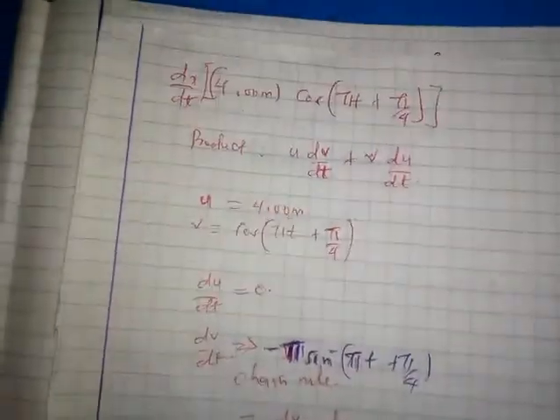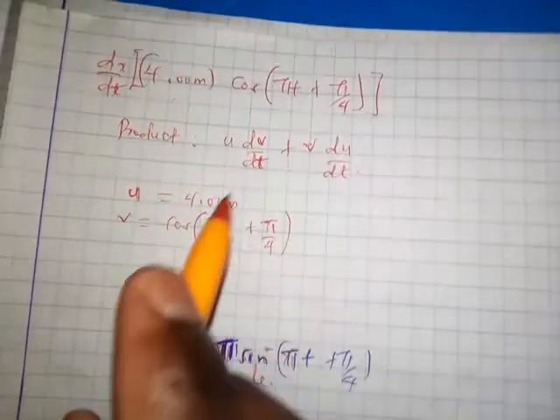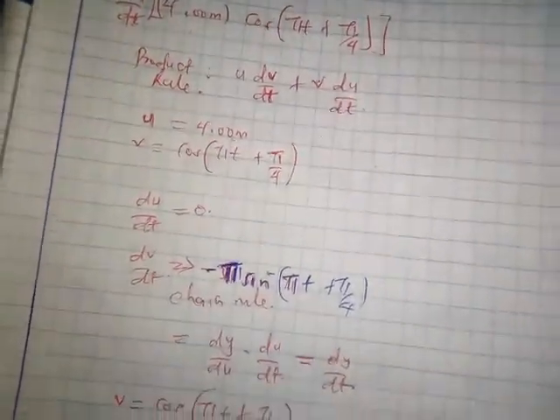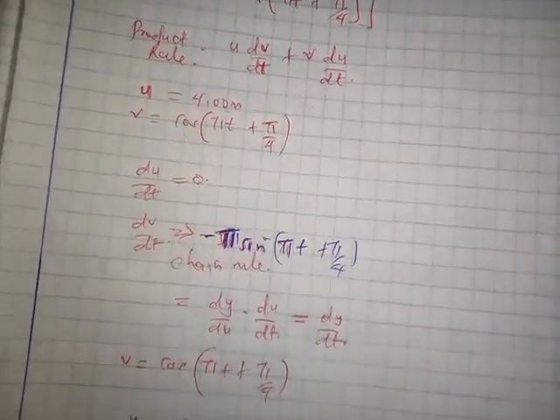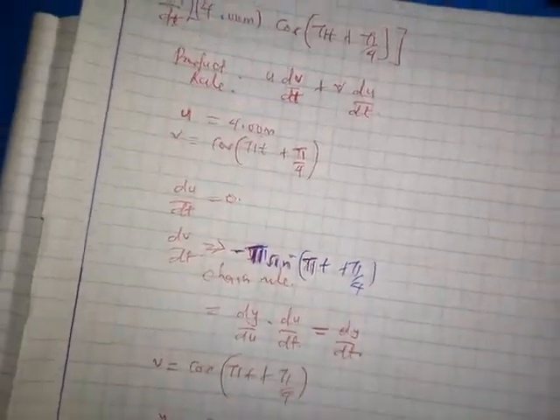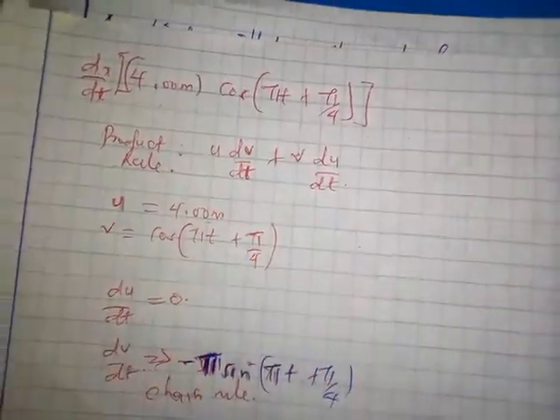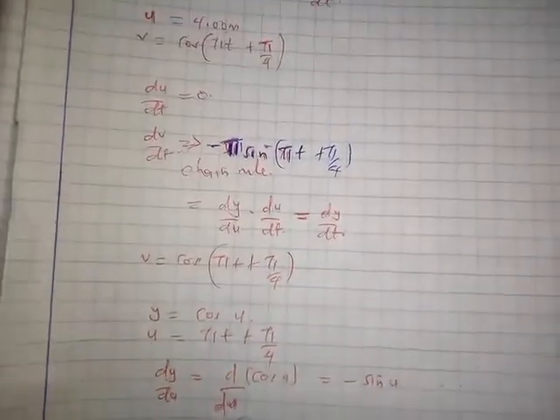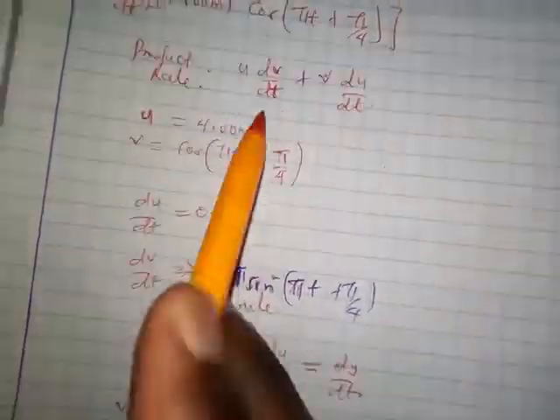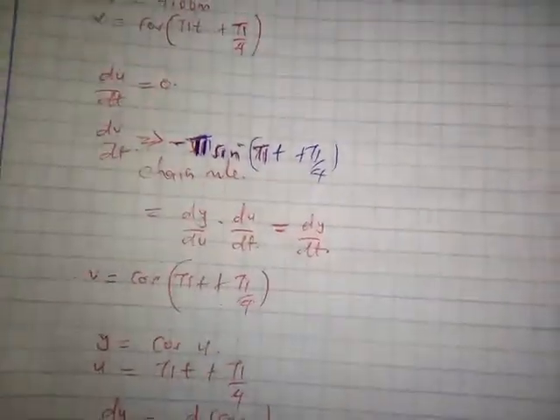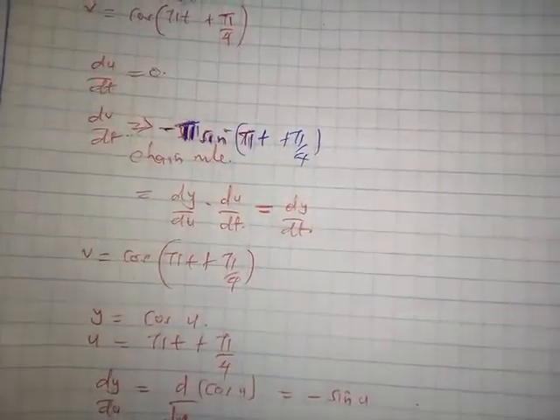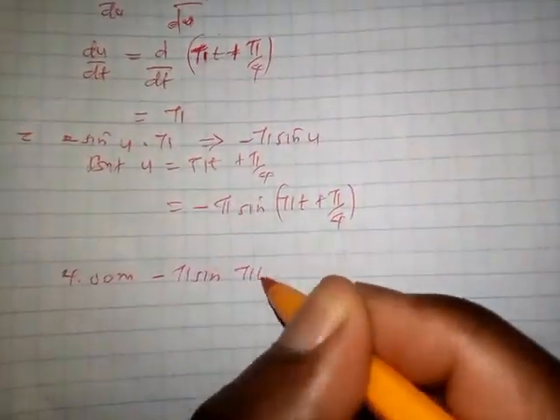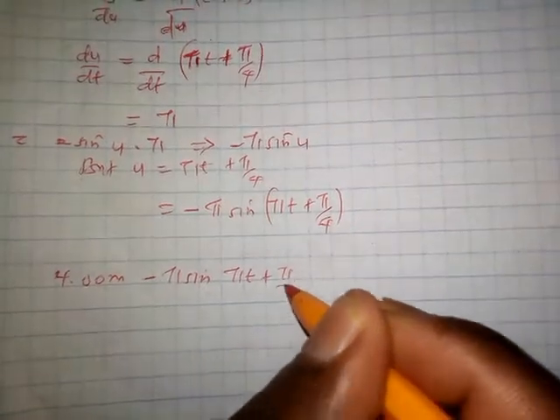Now applying the product rule, u dv/dt plus v du/dt. Our u was 4.00 meters, times dv/dt, which is negative π sin(πt + π/4).